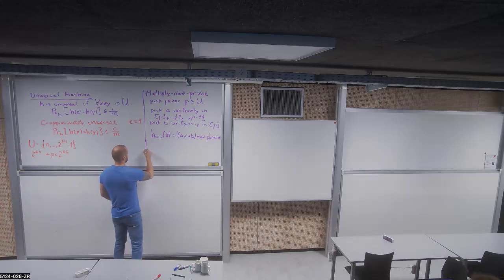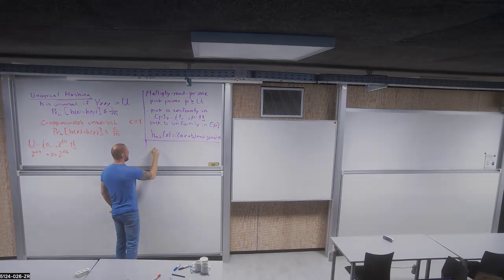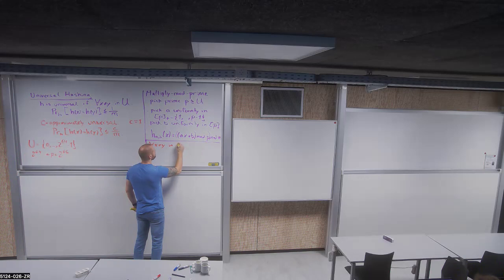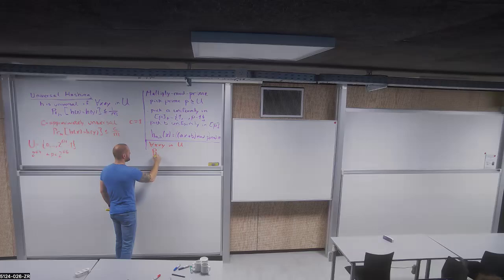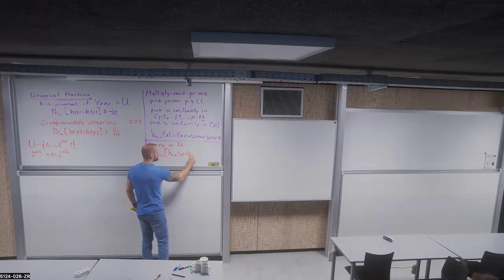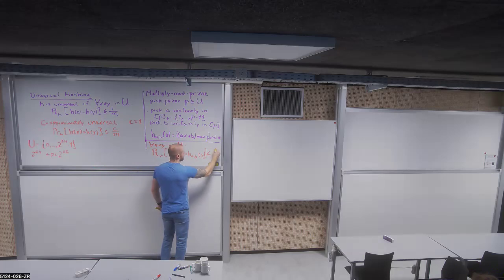Our goal is to prove that for any x not equal to y in our universe U, the probability, where the random choices are a and b, that the hash function applied to x is equal to the hash function applied to y is actually, and this is maybe a little surprising, strictly less than 1 over m.